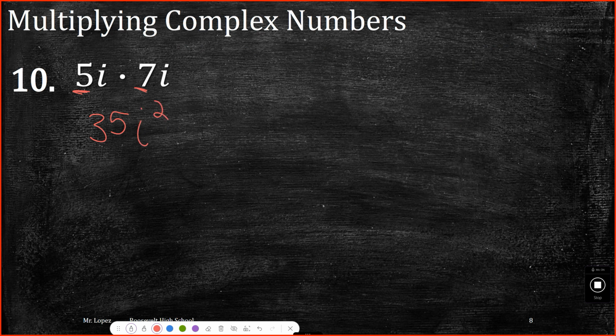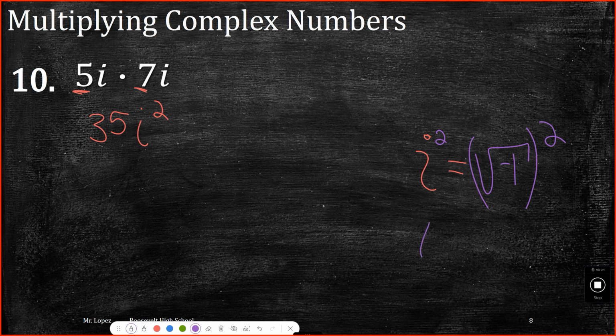So what is i squared? Let's go over that. What did we say i was? What is i by definition? What in mathematics? Square root of negative 1, yes or no? And if I square this, because that's what I want, i squared, if I square one side, what you do to one side, you do to the other.